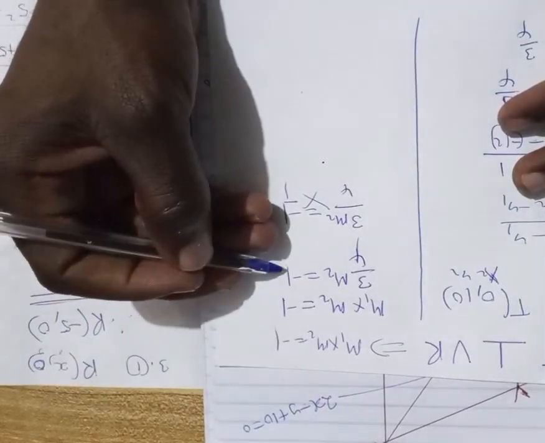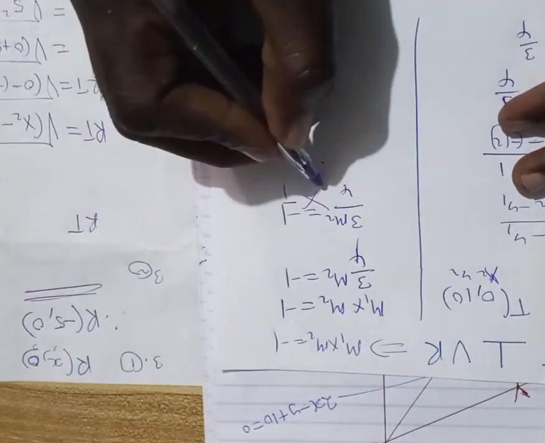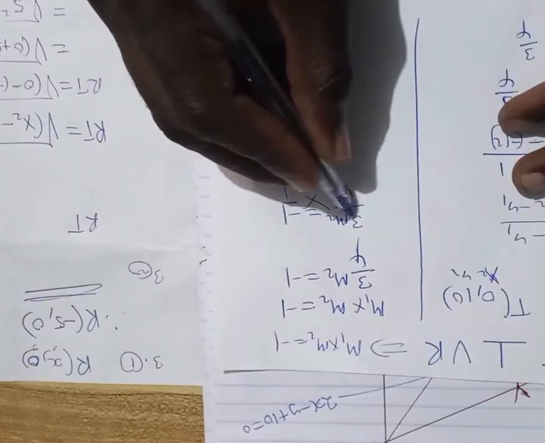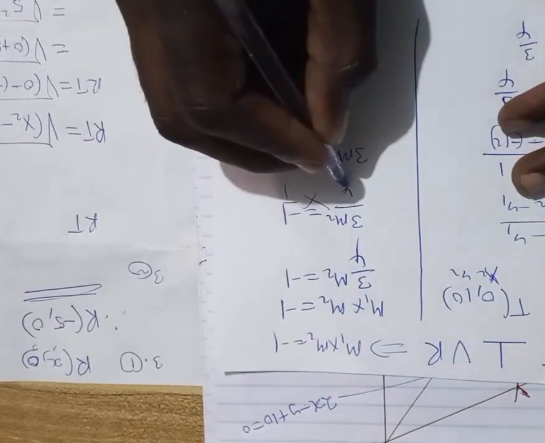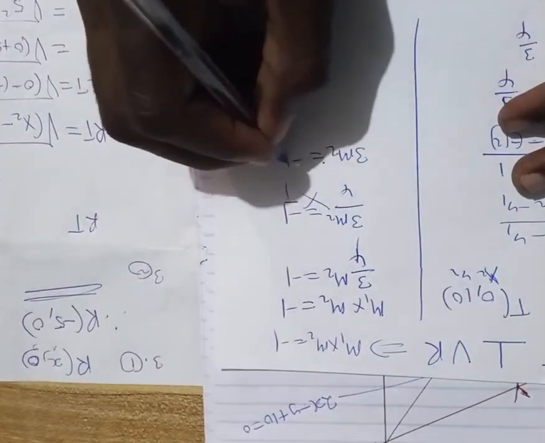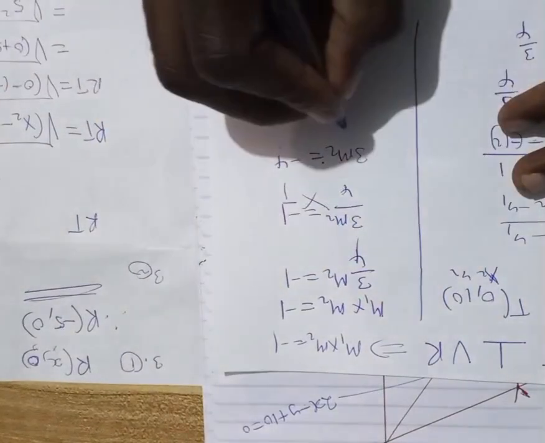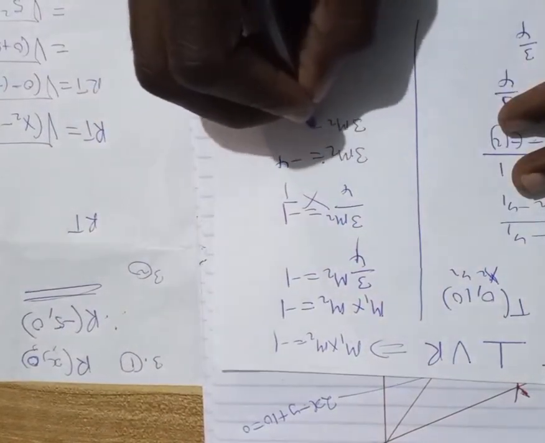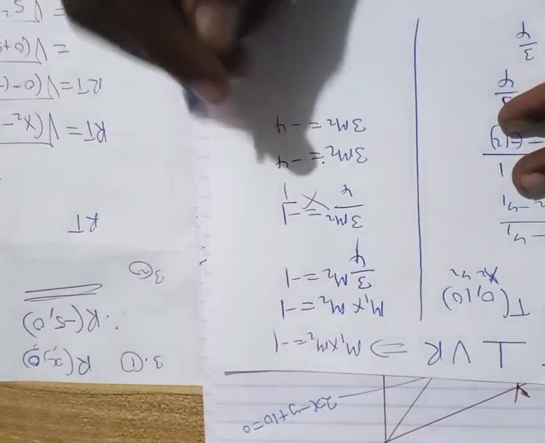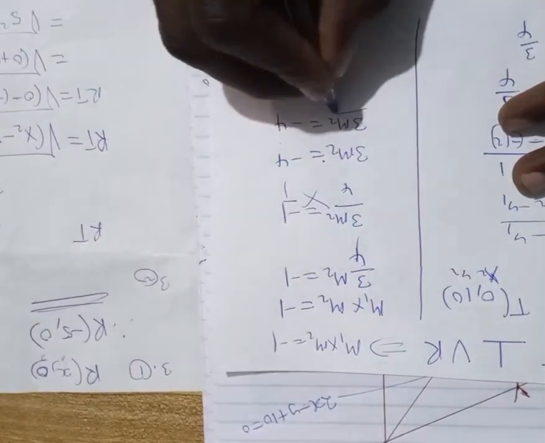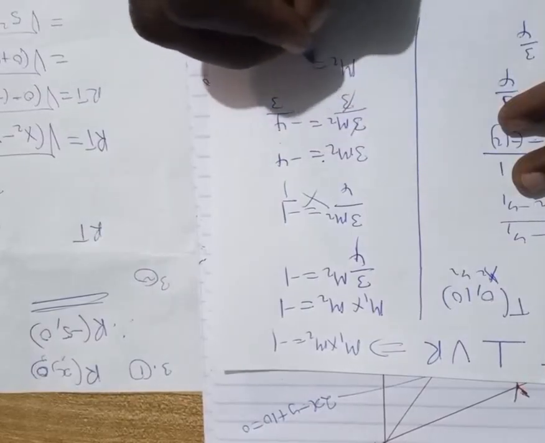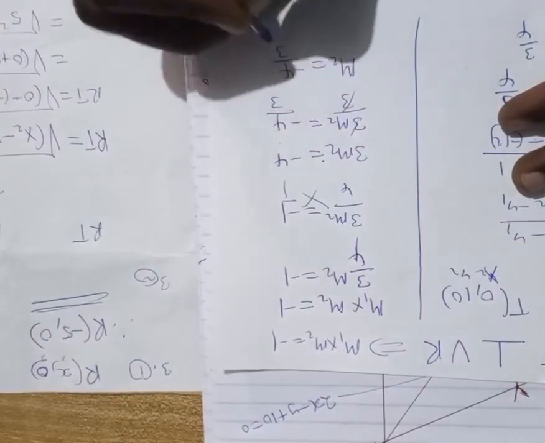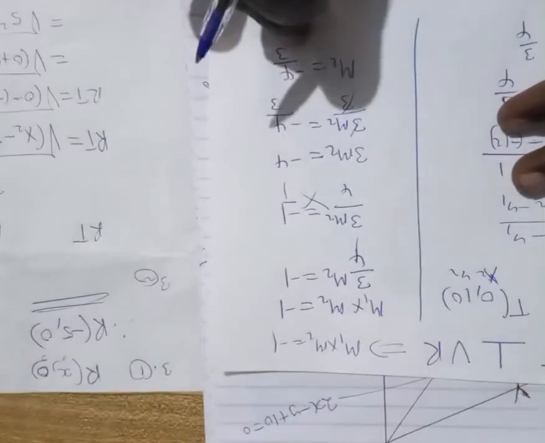Whenever you see there's no fraction, you put over 1. So you have 3m2 times 1, it is 3m2, equal to 4 times negative 1, you have negative 4. Then 3m2 equal to negative 4. Then you divide by 3, also here by 3. 3 goes, m2 is equal to negative 4 over 3. That's the gradient of m2.